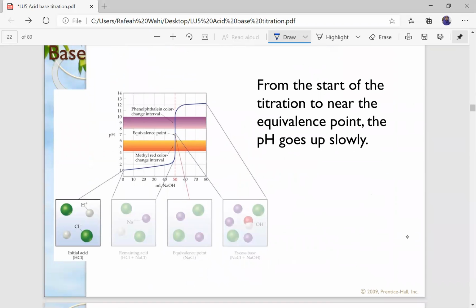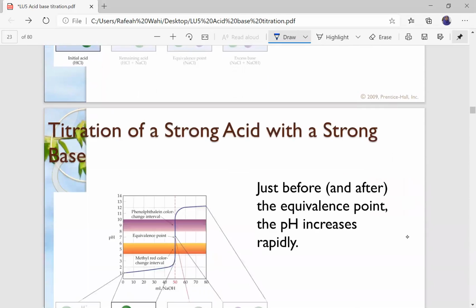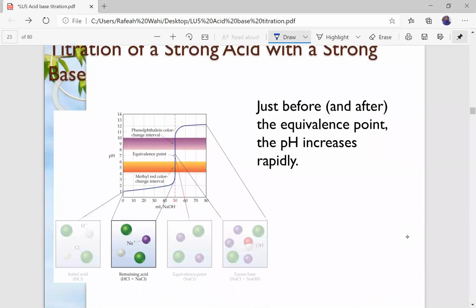So this has been mentioned just now. From the start of the titration to near the equivalence point, the pH goes up very slowly. But after the equivalence point, it also goes up very slowly.